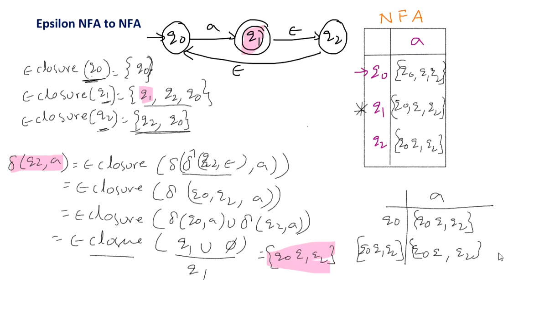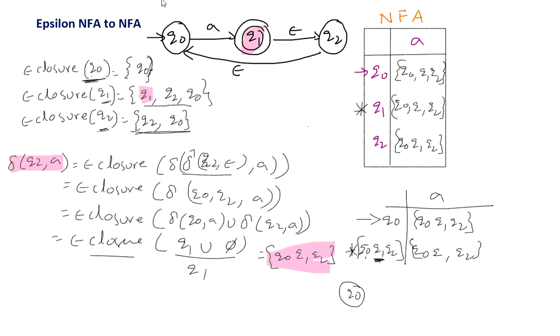From the NFA, Q0 is the starting state and Q1 is the final state, so here I can make Q0 the starting state and Q1 the final state in the given NFA. Q1 is present here, so we can make this state a final state. So we can redraw this as a transition diagram.